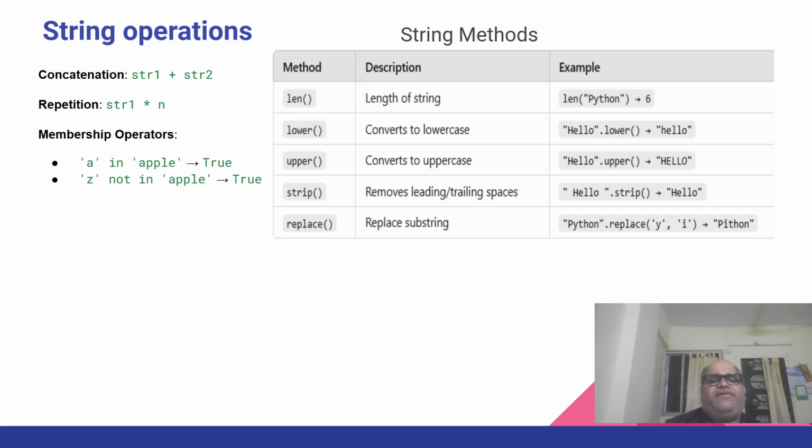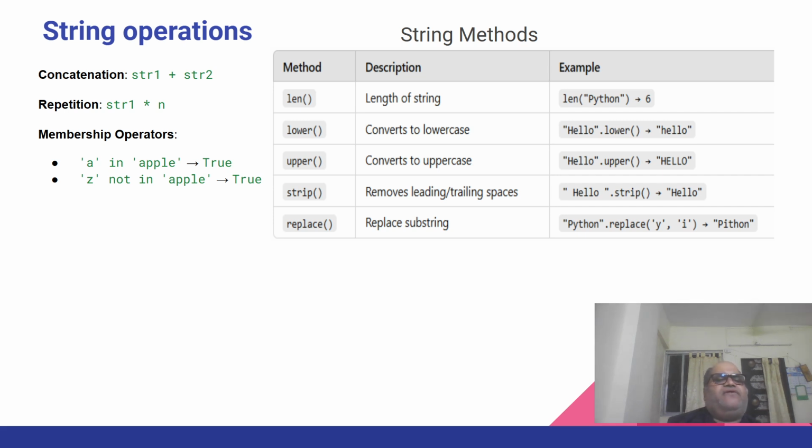And then another common thing is replacing the substring. The one that you are seeing here is replacing one individual character for another. For example, in Python, if you try replacing y with i, it will become Pithon. And then you can actually replace the substring as well.